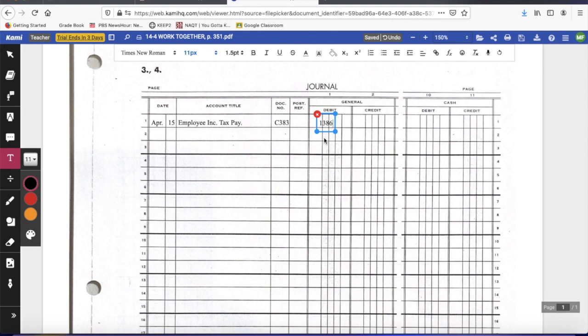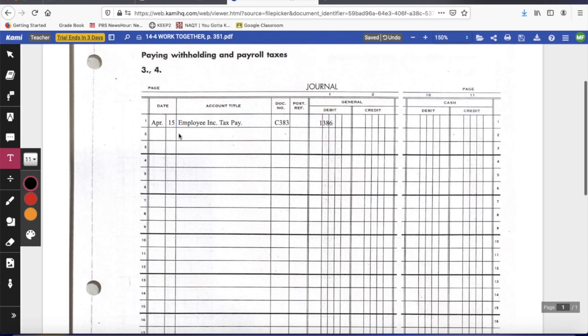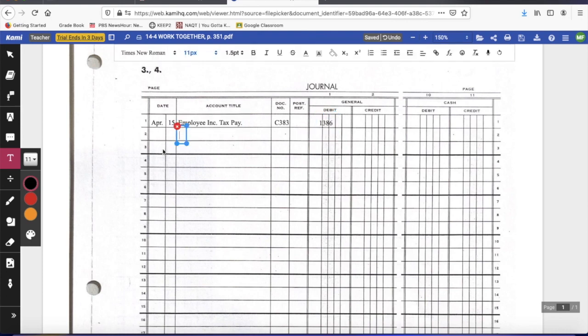And you're also going to need to put in your Social Security tax payable, and your Medicare tax payable.